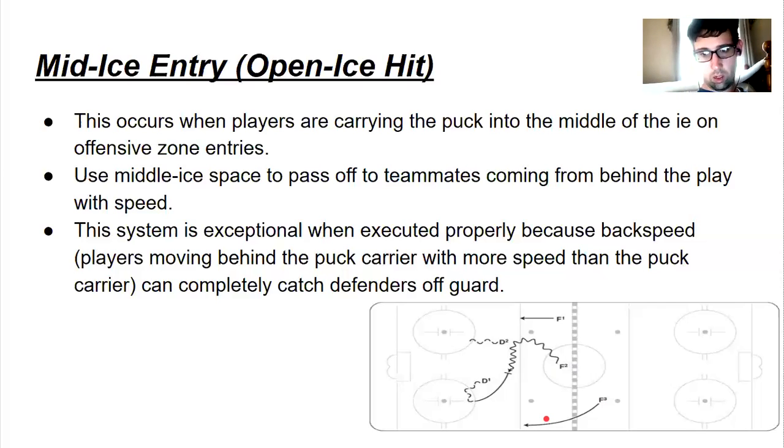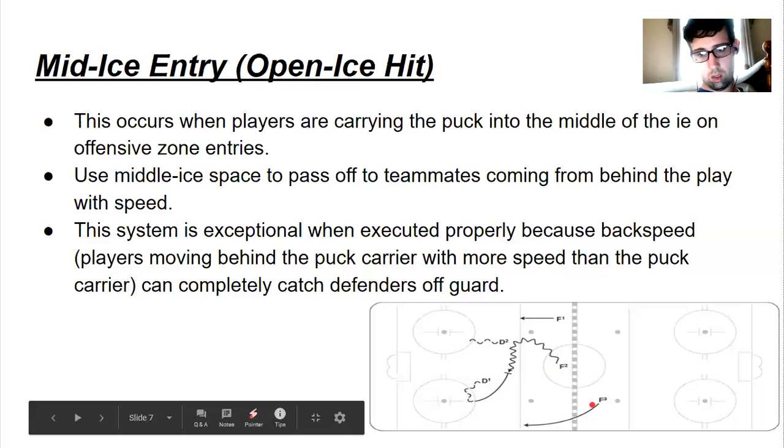Forward 3 is down here. Forward 1 is up here. Defensive team, defensive player 1, 2 is up here. So player 1 is down here and shoots the puck toward forward 2, forecheck team 2, and shoots the puck down this way.